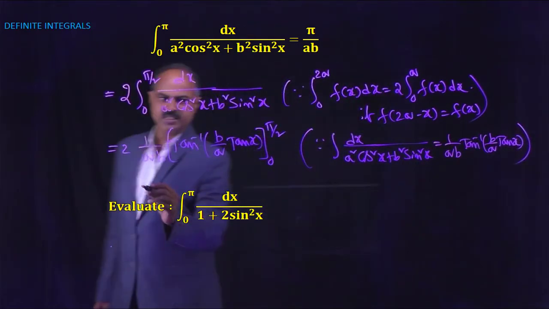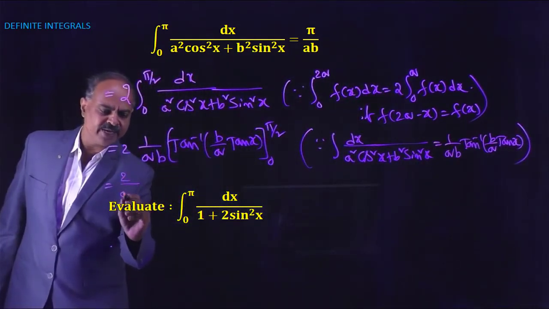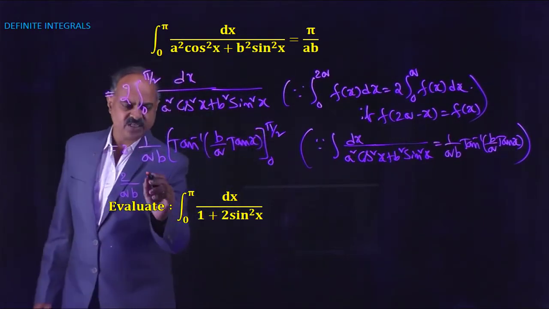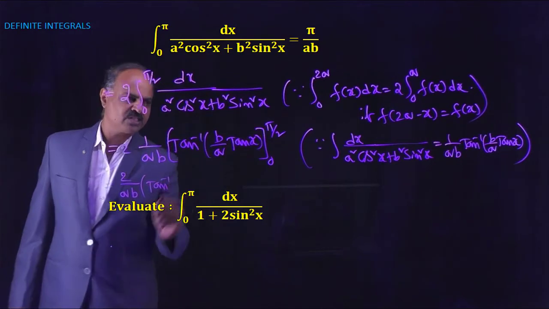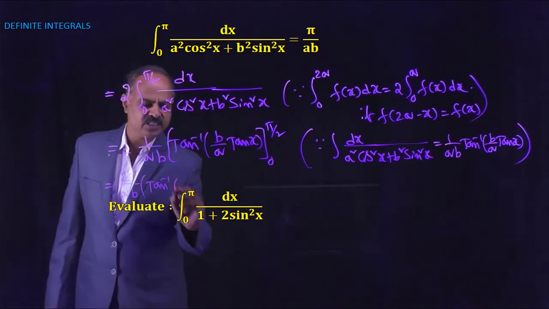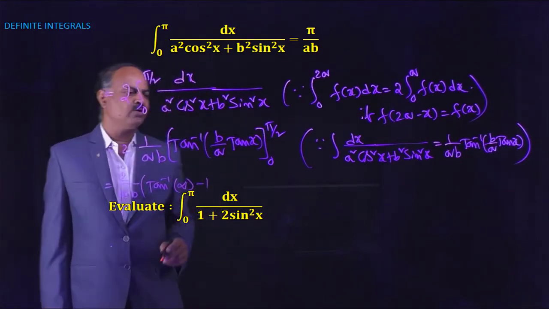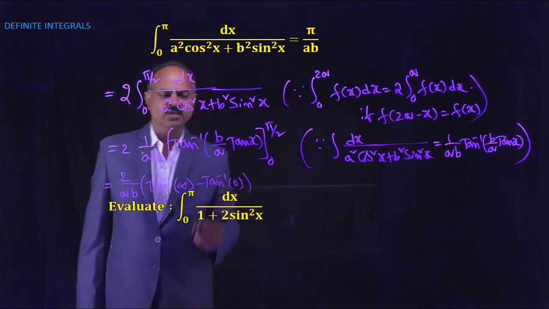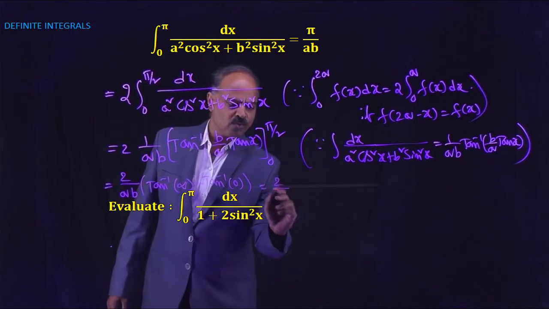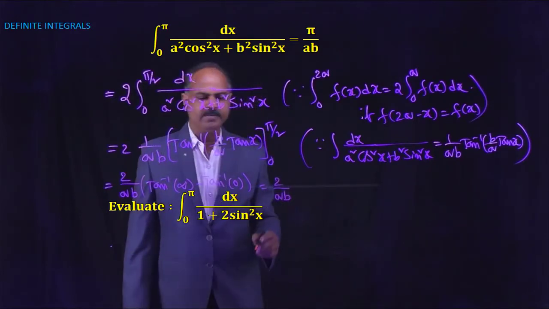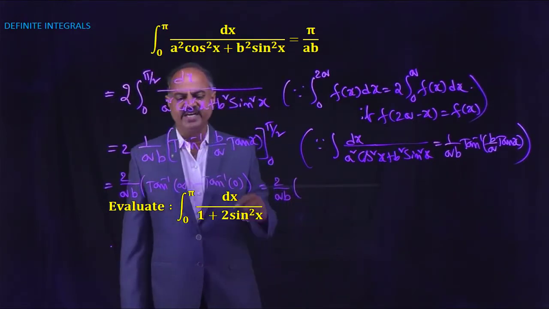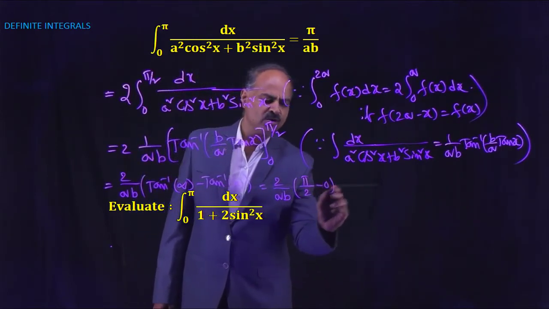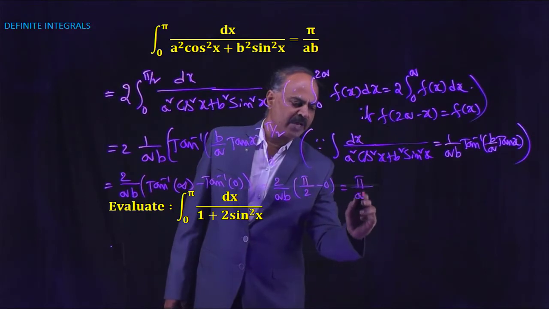Now here this is equal to 2 by ab into, substituting pi by 2 in place of x, tan inverse of (b by a into tan pi by 2), that is infinity, minus, substituting the lower limit in place of x, tan inverse of 0. Now this is equal to 2 by ab into tan inverse infinity, that is pi by 2, minus 0. So therefore that is equal to pi by ab.